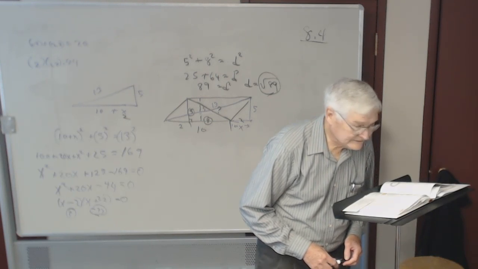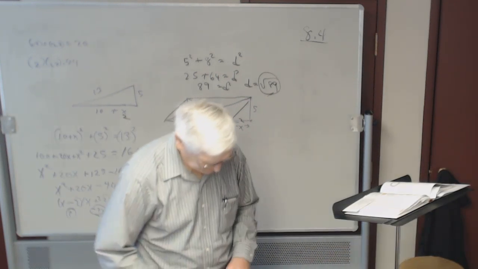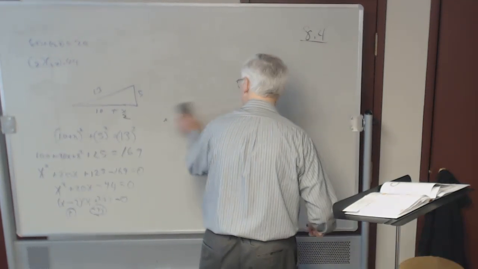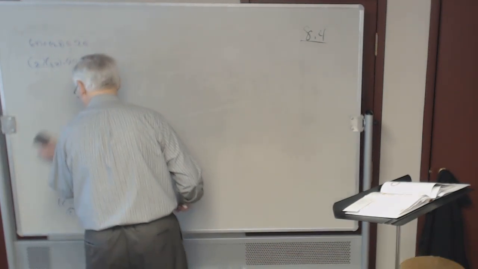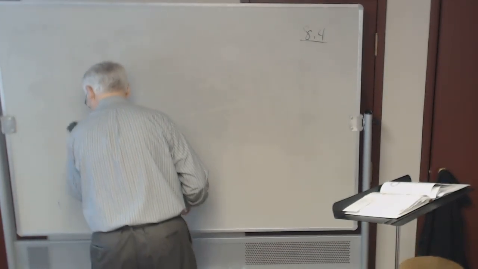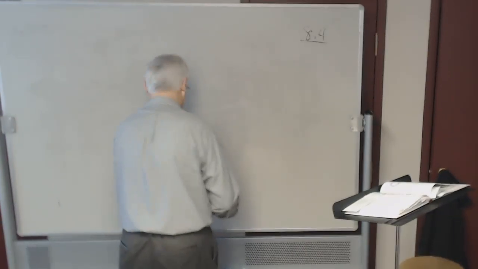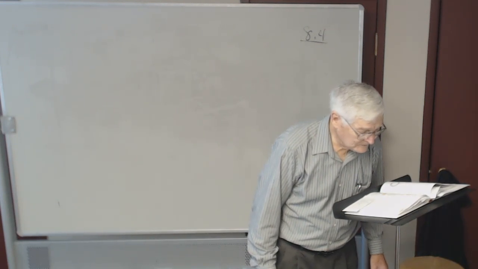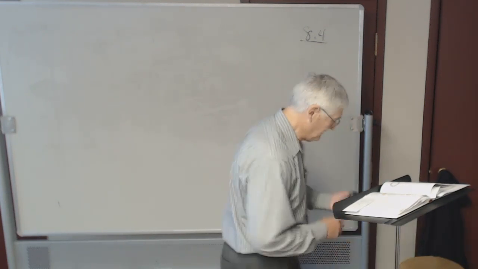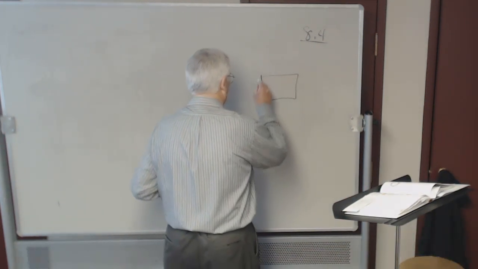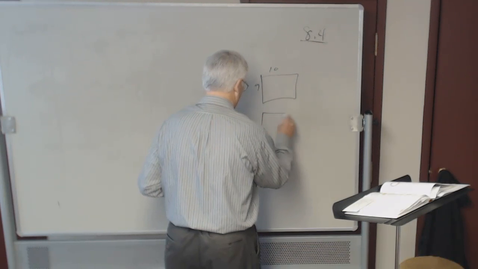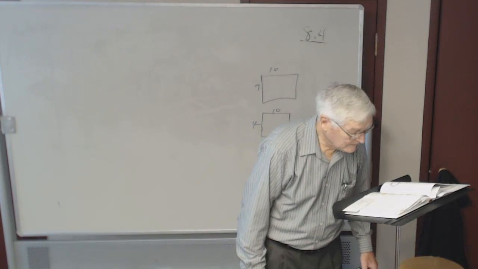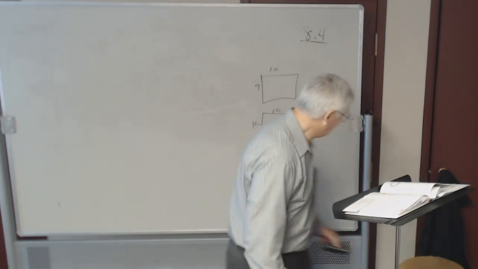Number 26. The floor of 3 rooms in a certain house measure 9 by 10, 12 by 10, and what's the other one? 15 by 15.